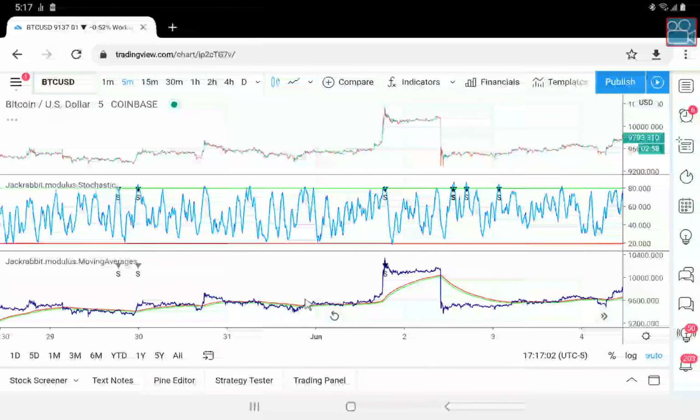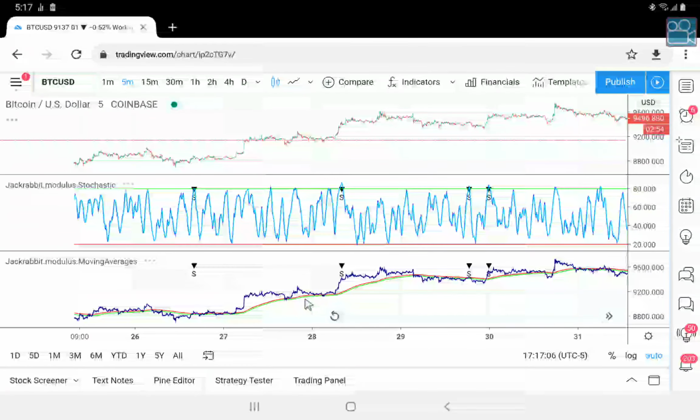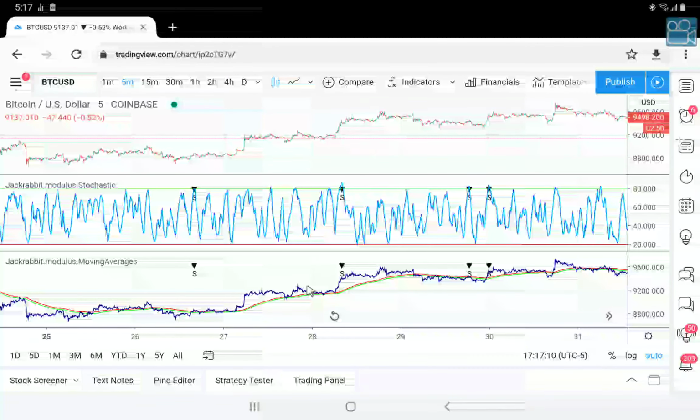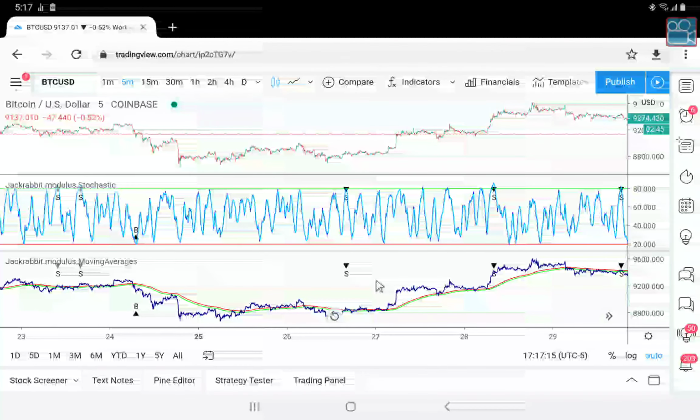So let's go back to where the profit is. Now, of course, these sell signals here would have all triggered first, but still, this is not bad. Be aware of the circumstances. This might have caused a loss here, but with a little bit of work, you could probably weed this out.